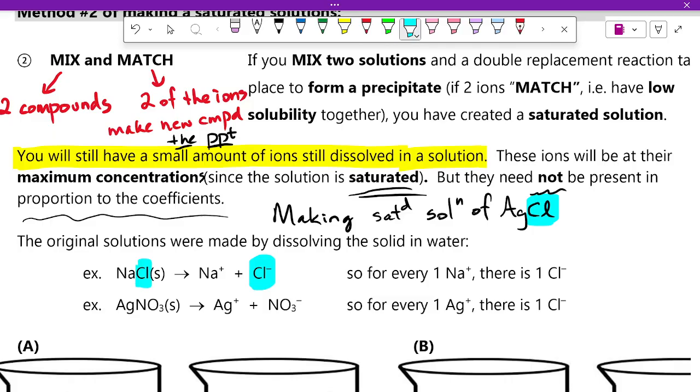For every 1 sodium, there's 1 chloride. We get our silver ions from silver nitrate. For every 1 silver, this is wrong, there is 1 nitrate. Fixed.